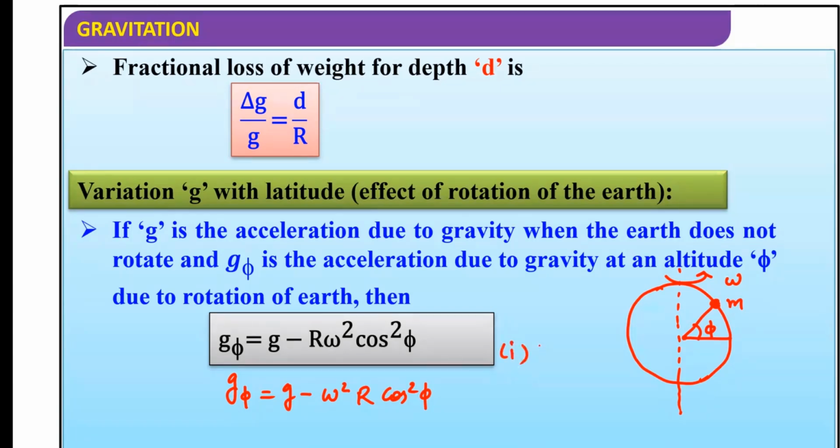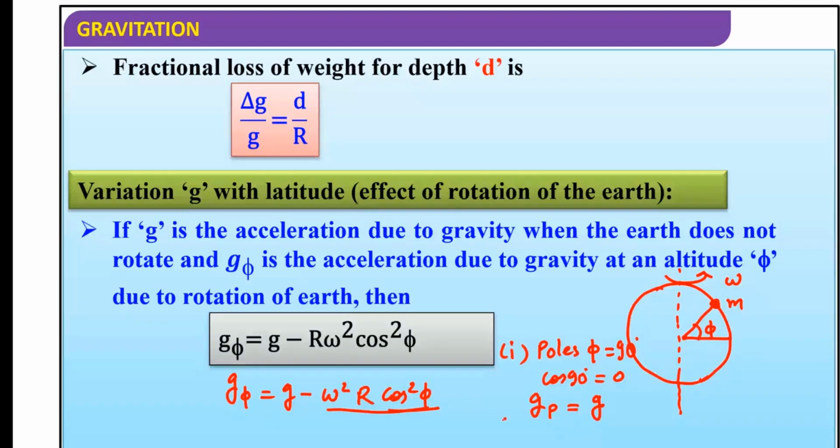First one for the poles. If we talk about the poles, the value of phi is 90 degree and cos 90 degree is 0. So at the poles, the acceleration due to gravity is the same g, because cos 90 is 0, so this portion will be 0.